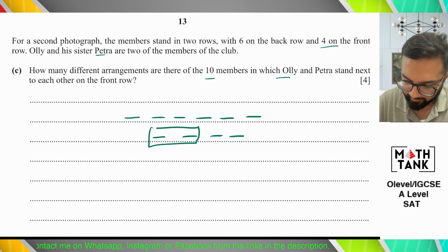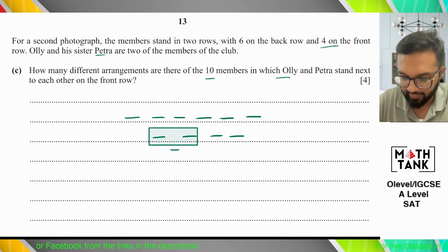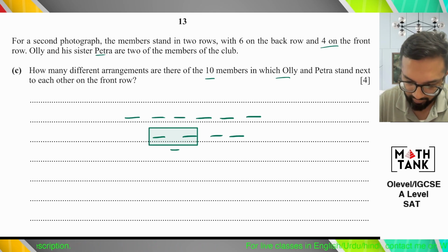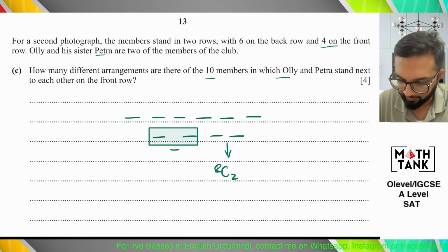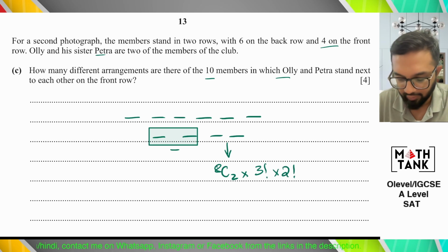Okay. So Ollie and Petra stand in a box. There have to be 2 other people, so let's first select those 2 other people. That's going to be 8C2. The remaining 8 people shuffle around with the box. Ollie and Petra can also shuffle around in the box.